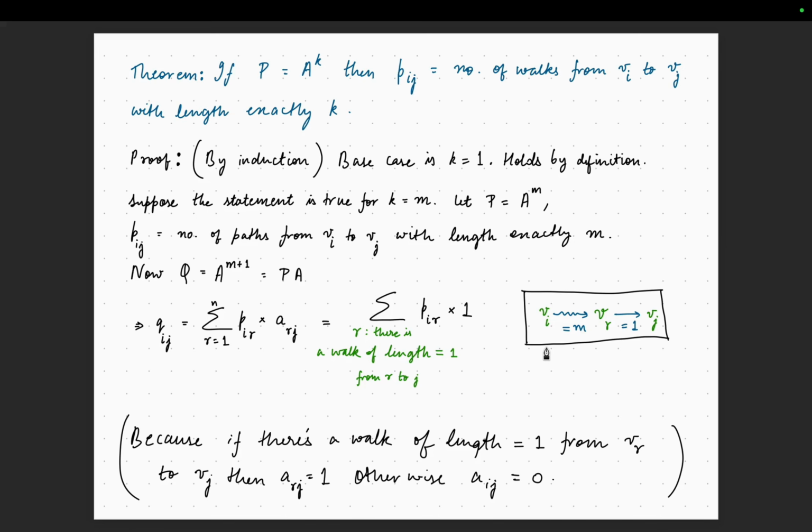And this is exactly what Pir counts, because by the inductive hypothesis, Pir is the number of paths from Vi to Vr of length exactly m. And r and Vr correspond to the vertices that are neighbors of Vj. So, yeah, this counts exactly the quantity that we want.